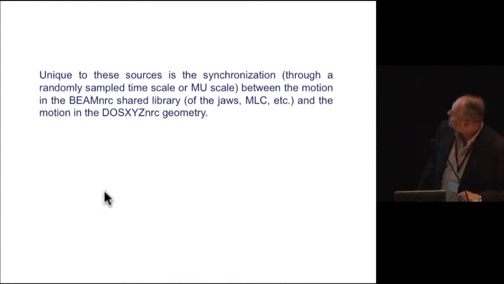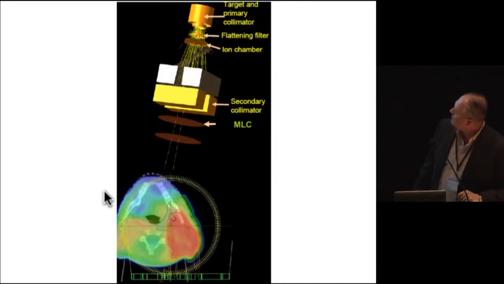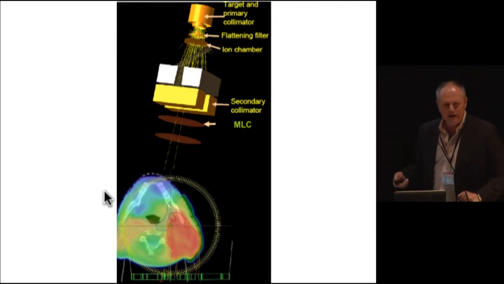Unique to these sources is the synchronization through a randomly sampled time scale, or MU scale rather, between the motion in the BEAM shared library, for example JAWS and MLC, and the motion in the DOSXYZ geometry. So basically, in source 20, you start from a phase space typically above the JAWS, and you can either have no phase space downstream at all, or you can score a phase space anywhere you want and use it further.